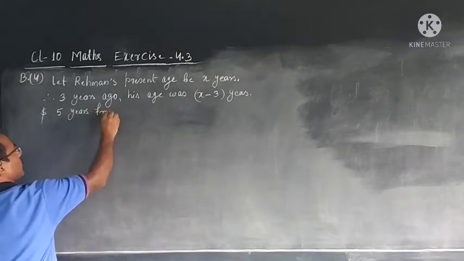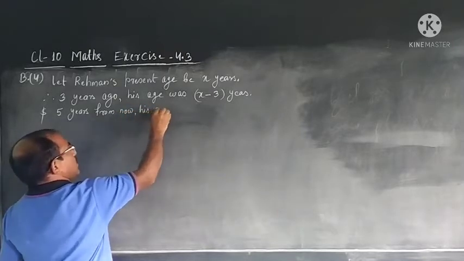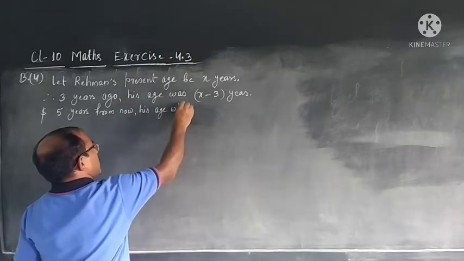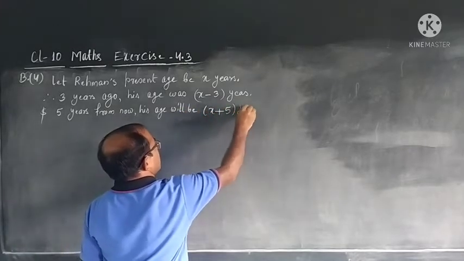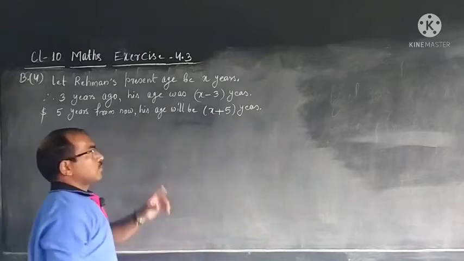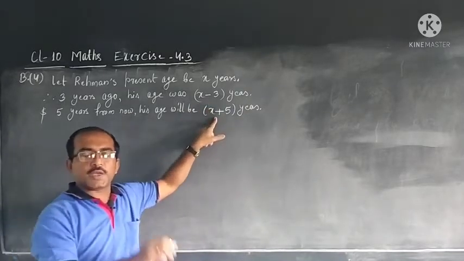His age will be 5 years more than the present age, a simple condition here. So, 3 years ago his age was x minus 3, and 5 years from now his age will be x plus 5.